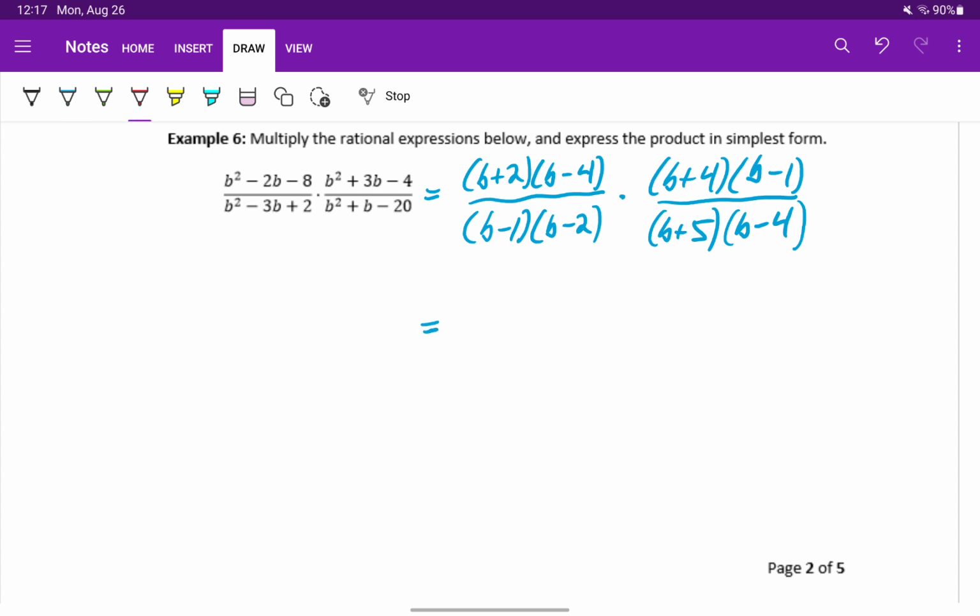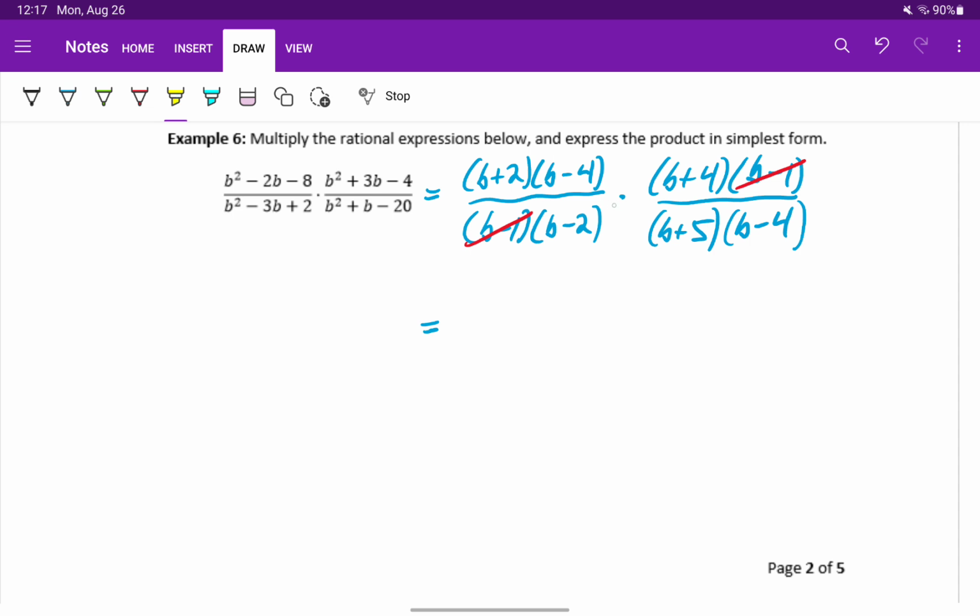But once we have those factored expressions, now we can look for any common factors in the numerator and the denominator. Here we have a slightly different scenario where instead of the common factors being in the same rational expression, we're going to end up canceling diagonally. So we have b minus 1 in both the numerator and denominator, but they're in the numerator and denominator of the separate rational expressions.